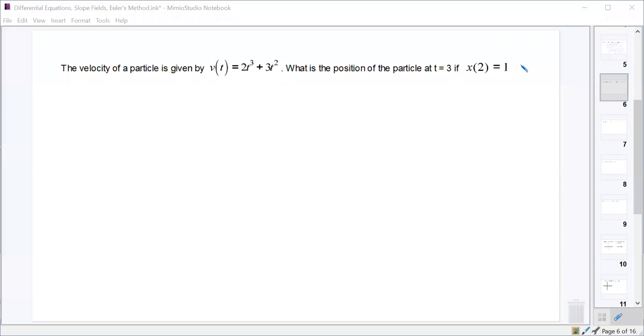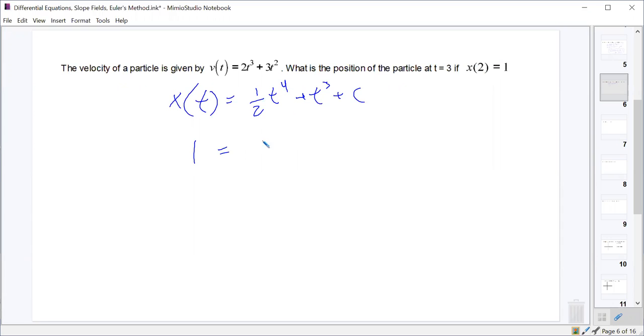Ready, go. So we integrated this to get the position function equal to 1/2 t to the 4th plus t cubed plus a constant. Is that right? And if t was 2, we should get 1.